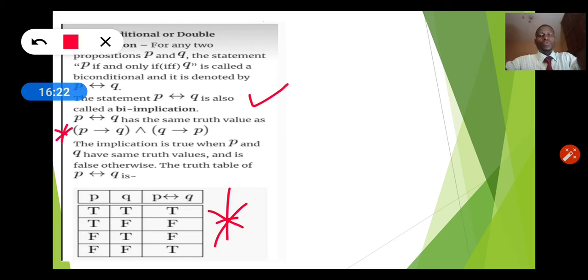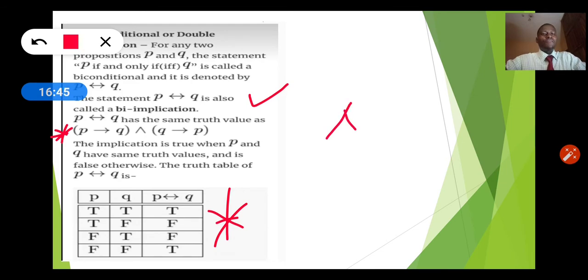We can interpret a biconditional statement this way: P is a condition for Q and Q is also a condition for P to happen. Okay, so that means it is vice versa.